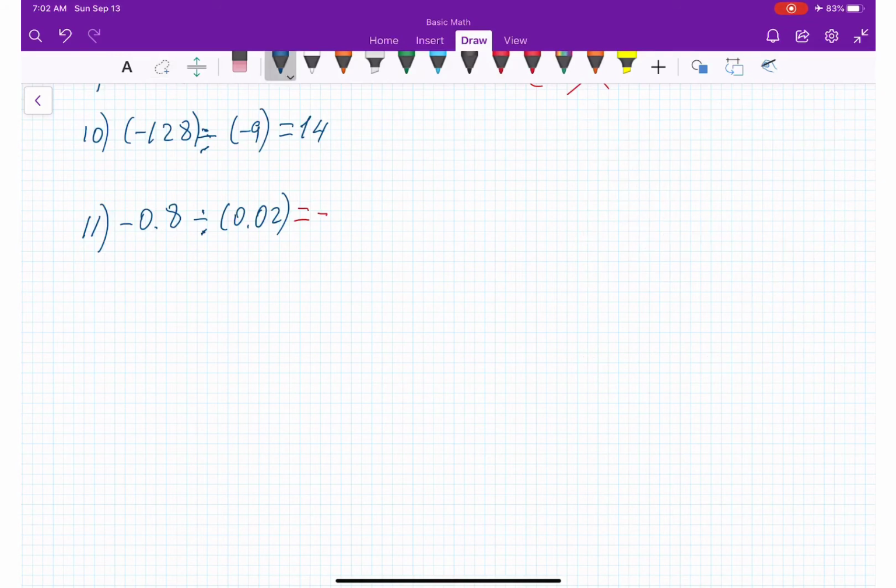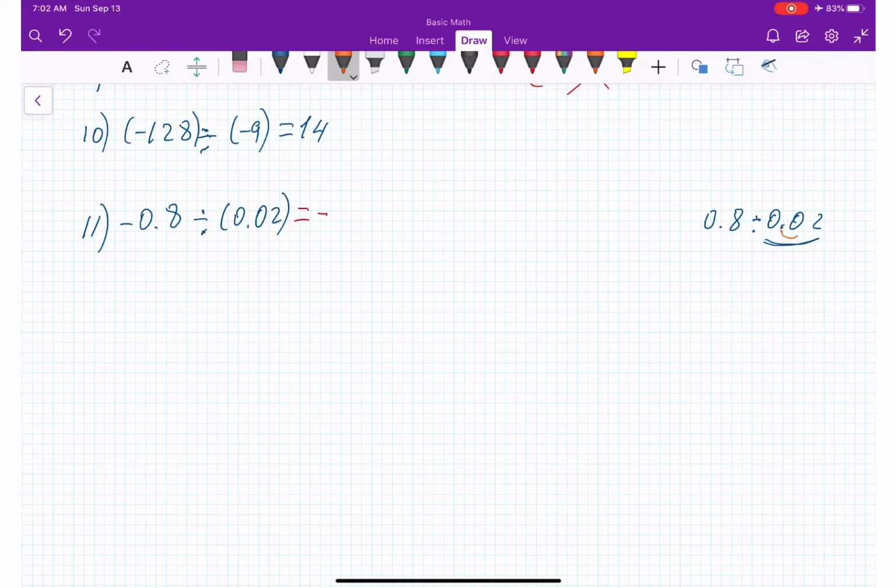When I'm dividing 0.8 by 0.02, the second number I'm dividing by cannot have decimal notation. What can I do? I'm going to move. See, we have 2 decimals, right?